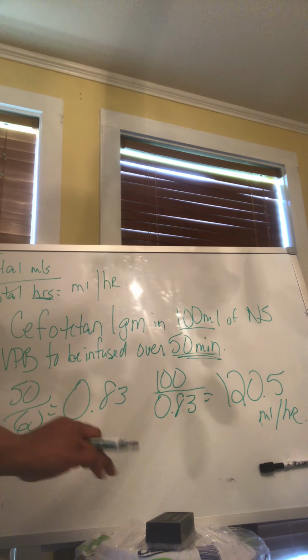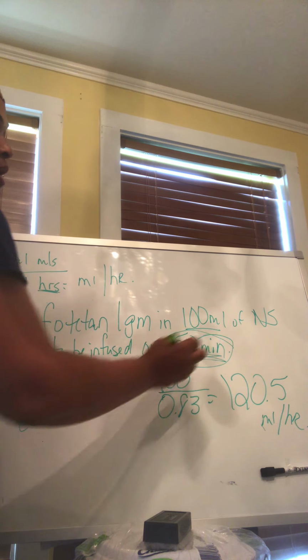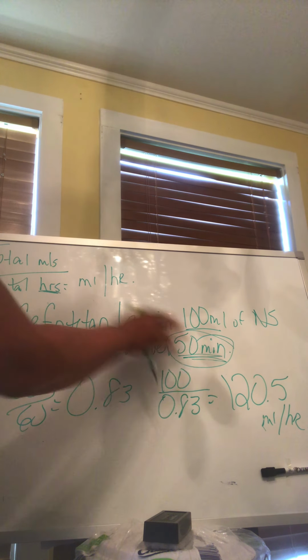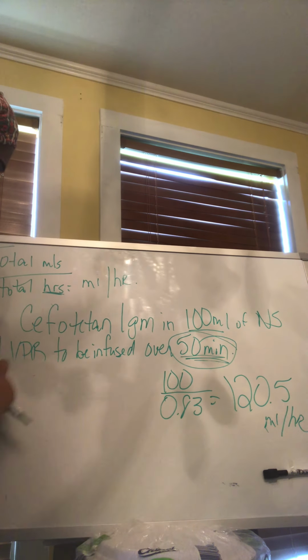Okay, so milliliters per hour is pretty basic. Again, the most important part is making sure your minutes turn into hours and then just dividing.